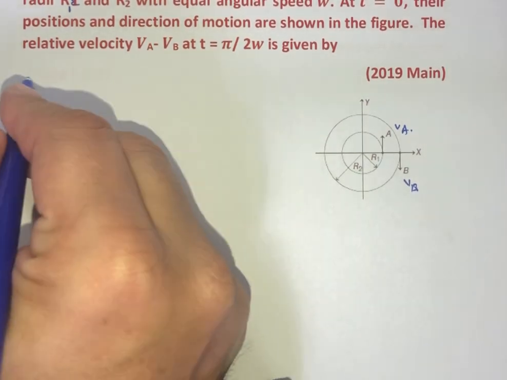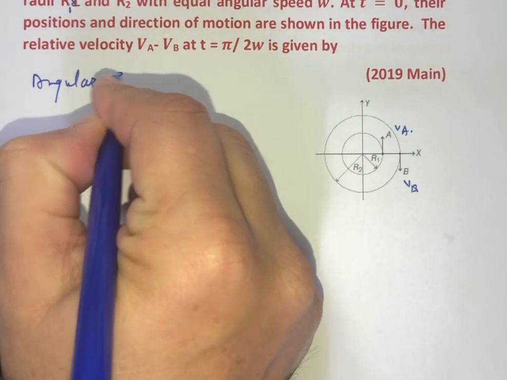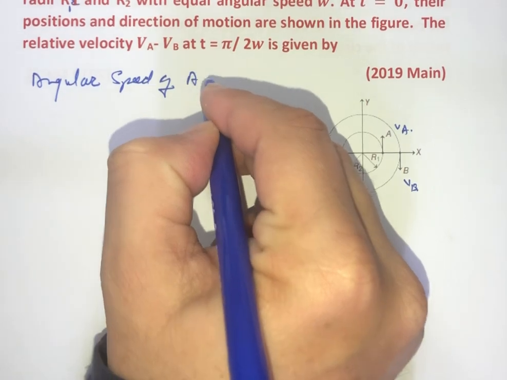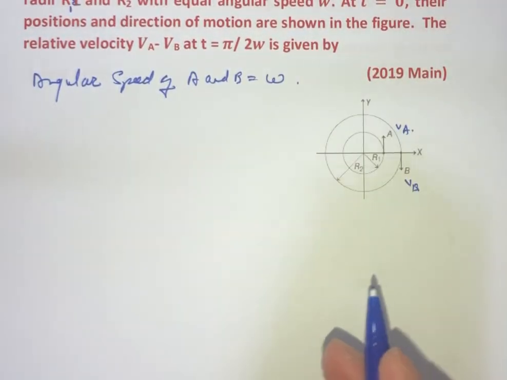You can say angular speed of A and B is omega.